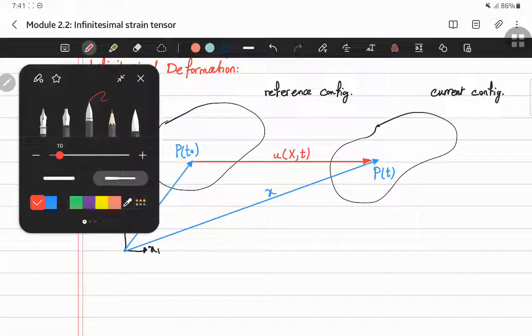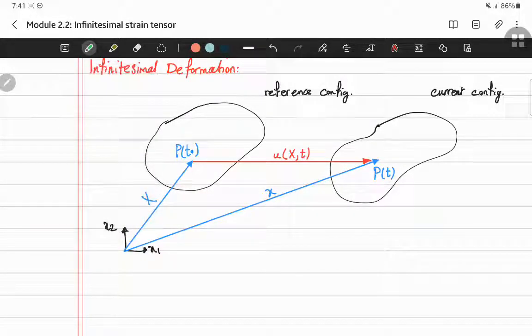And now we have another particle in the reference configuration, which we call Q. So we have Q here, and the corresponding point in the current configuration, Q at t, is here, for example.